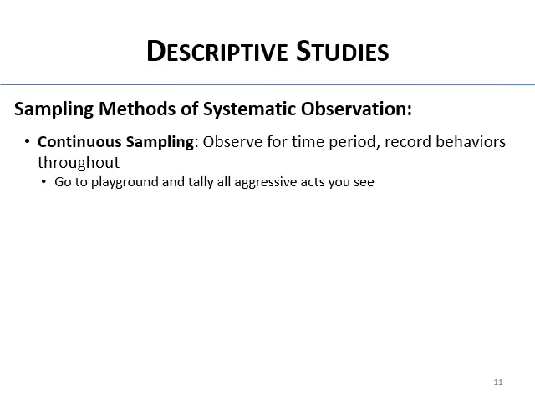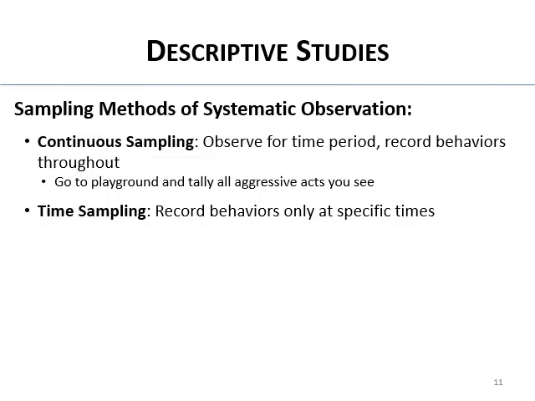So if you were to go to a playground for an hour and tally all the aggressive acts that you saw among the kids, you would be doing continuous sampling. The problem is, it gets kind of crazy, there's multiple kids, and you're trying to track everything, so how accurate is this? Sampling methods probably improve your ability to accurately record things, but it does slice it into not the whole picture at one time.